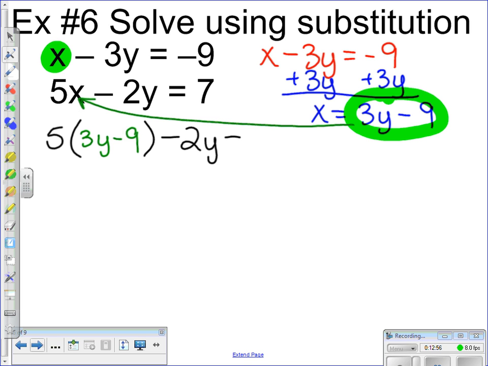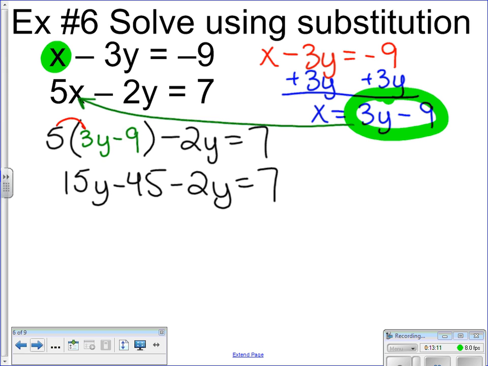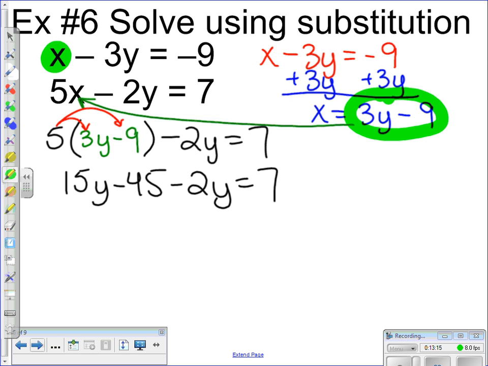minus 2y equals 7. Do some distributive property. 15y minus 45 minus 2y equals 7. Because you got to do 3 times 5 and 5 times 9. Combine the like terms. 15y minus 2y.